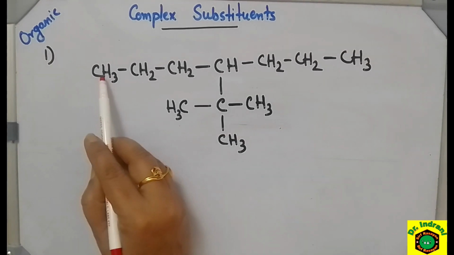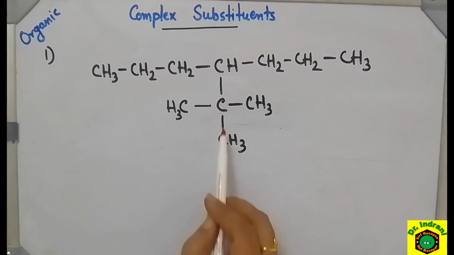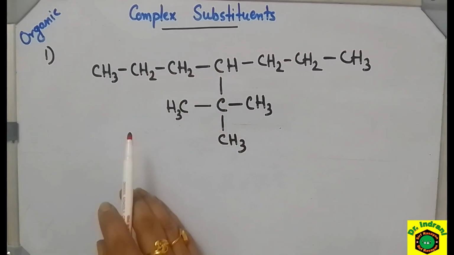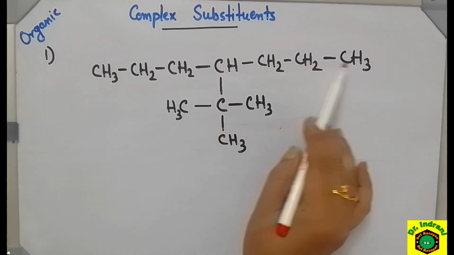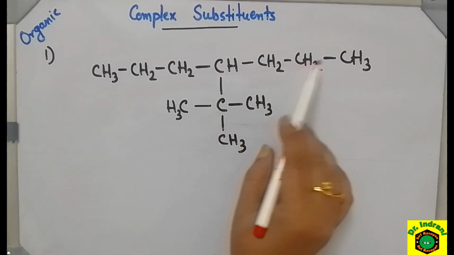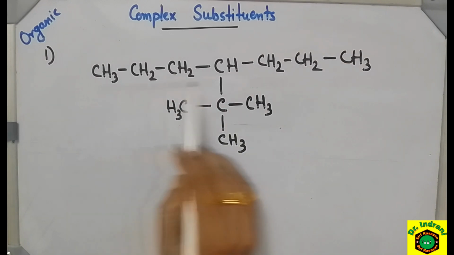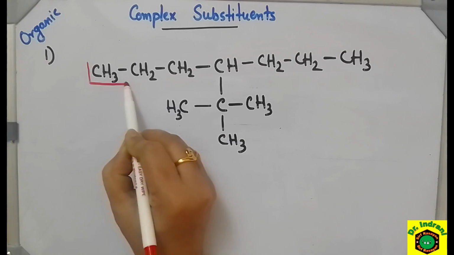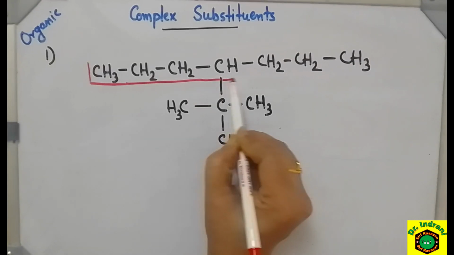So now see here, if you are considering this chain, it is having 1, 2, 3, 4, 5, 6 carbon atoms. But if you are considering this chain, it is having 1, 2, 3, 4, 5, 6, 7 carbon atoms. So this is your longest chain. This is your parent chain. This one.